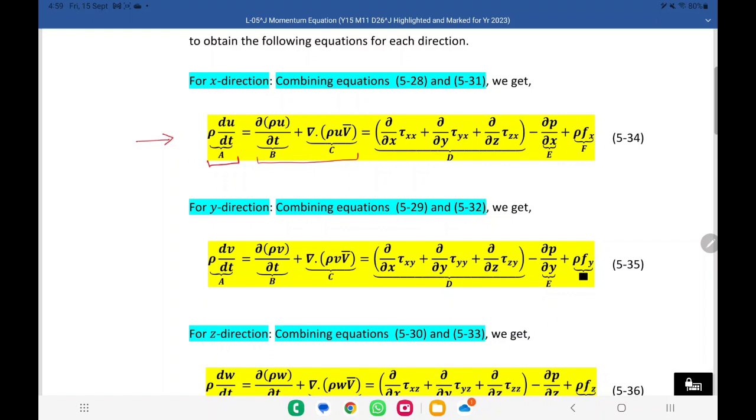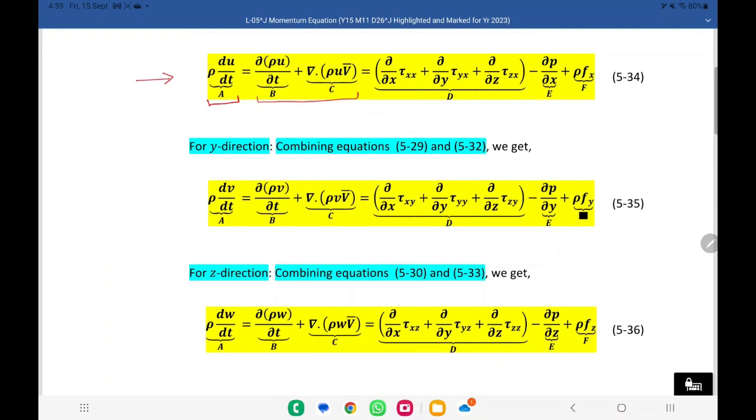Now then, why am I doing it? Because I want to do it for both of them together, instead of doing separately. Now there are three equations here, 1, 2 and 3. In fact, there are 6 equations here, with 2 equal signs in each equation. So 2 times 3 is 6 equations, 3 of them in conservative form and 3 in non-conservative form.